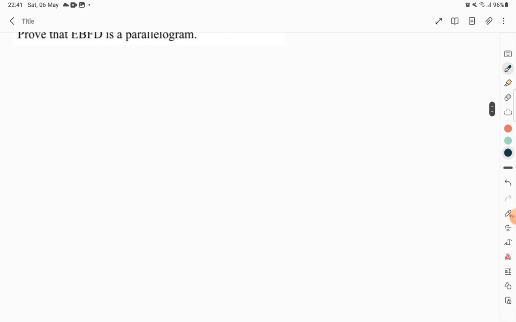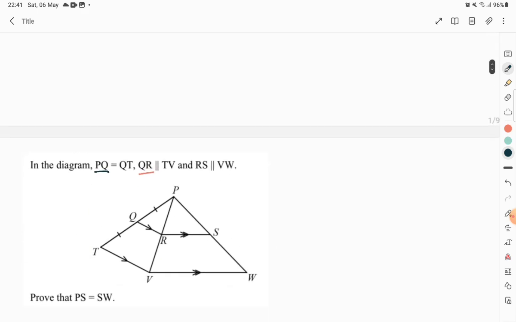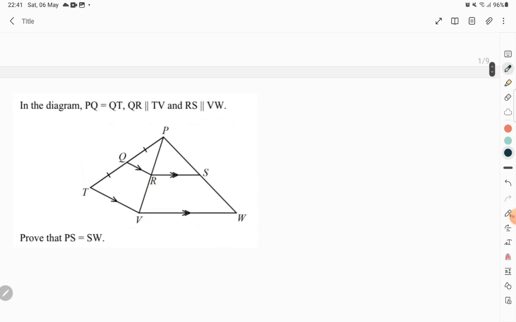Now I have this very first question. I like the fact that it does involve the very last theorem that we spoke about. PQ is equal to QT. Let me just use a different color. And QR is parallel to VT.